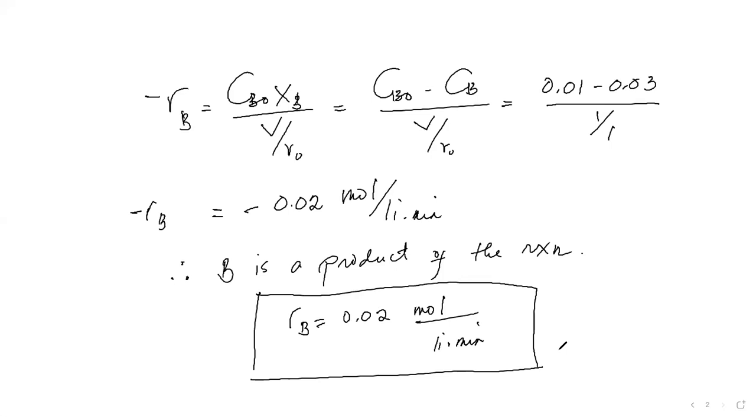Now, any question? None? Here we go. So C. So we assume C is product. We don't see any C initially present, so it must be product. So I place here R sub C is equal to CCO XC divided by V over VO.